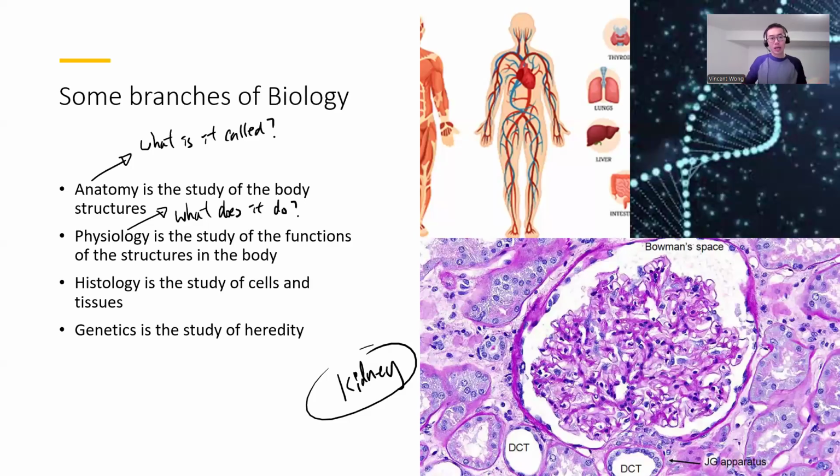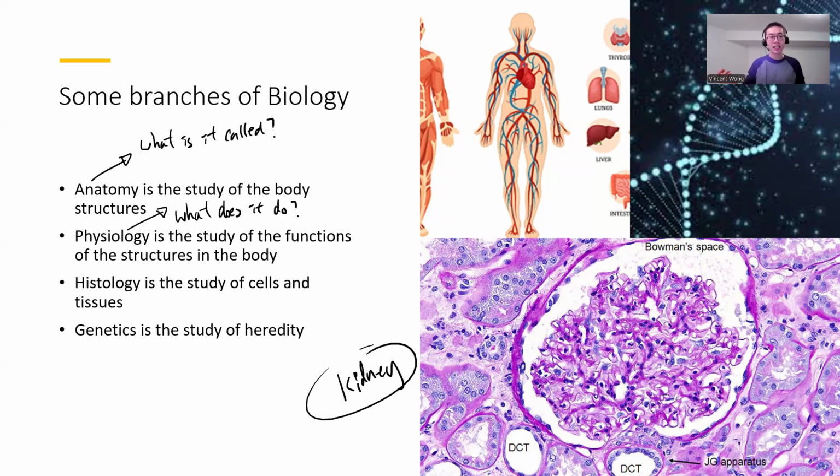Looking at the cells, the structure and the organization of the cells in the kidney, and seeing whether there's something wrong with it or not, that's called histology. And that is a very important diagnostic tool in medicine. A lot of the doctors sometimes take what's called a biopsy.